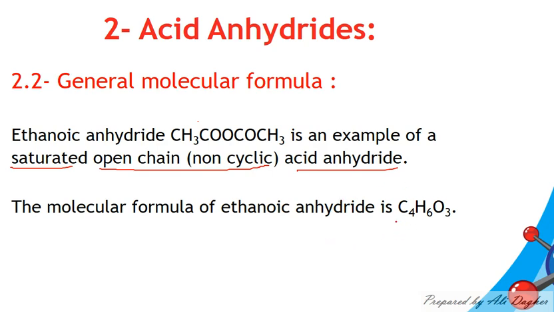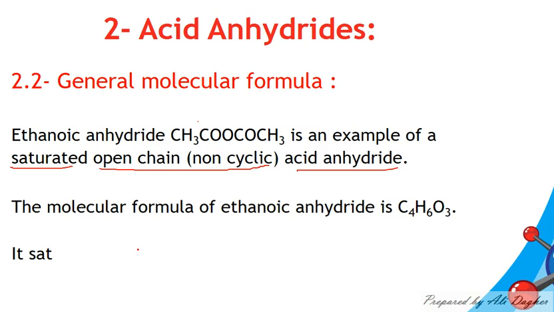In general, the number of carbon atoms is represented by n, and the number of hydrogen atoms is 2n and other numbers. In this case, n equals 4, 2n equals 8, but the number of hydrogen equals 6, so we should subtract 2. 8 minus 2 equals 6, then 2n minus 2.